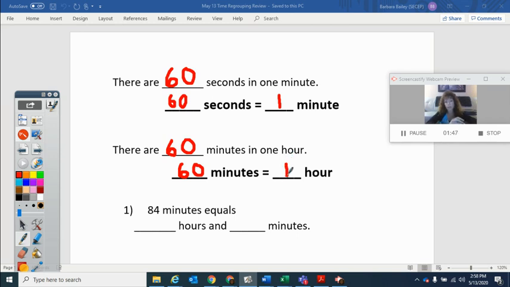Okay, so now we're going to figure out, what if you have more minutes than are in 1 hour? For example, if I said that we're going to spend 84 minutes watching a movie. Well, how long is 84 minutes in hours and minutes? So I'm going to erase this and scroll down a little bit.